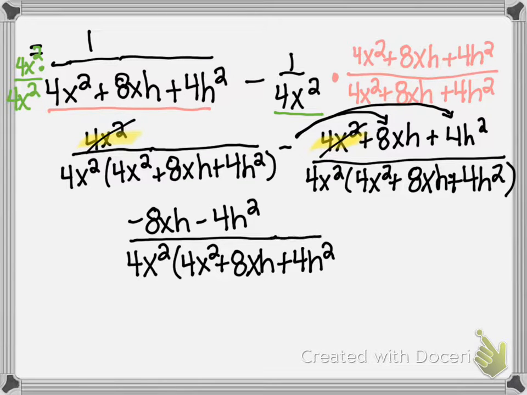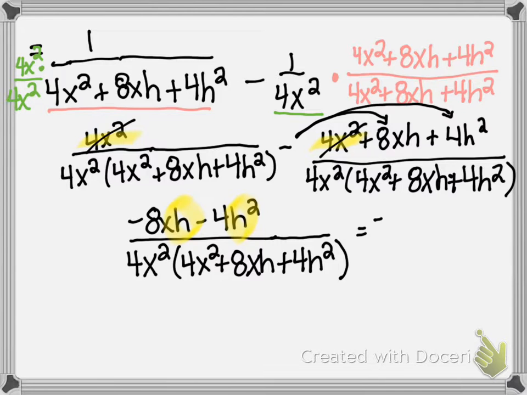Now, if you are not aware, we have done everything except for the dividing by h part. So before we get to that final step, I am going to simplify one thing, and that is in the numerator, you should see that I have a GCF of h. They both have an h, so I can pull that out.